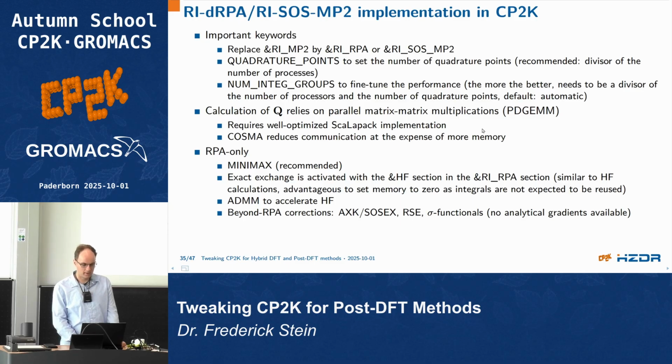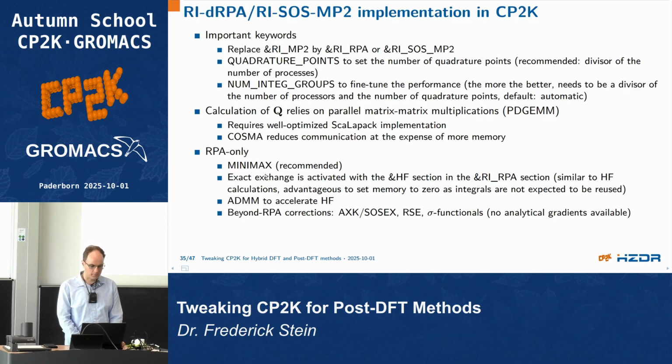As far as I know, the standard ScaLAPACK implementations do not provide that, but I know, for instance, that Cray machines quite often have the library called libsci_acc, which has a GPU variant of the PDGEMM routine. If you do not have that available, but have a computer with GPUs available, then you can also use the COSMA library instead, which is actually the preferred library in this case because it not only offloads the operations to the GPU, but it can also reduce the communication costs, which is pretty useful.